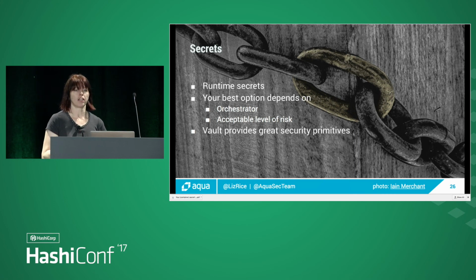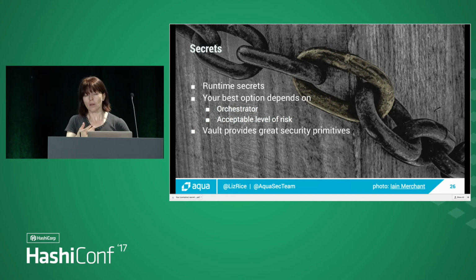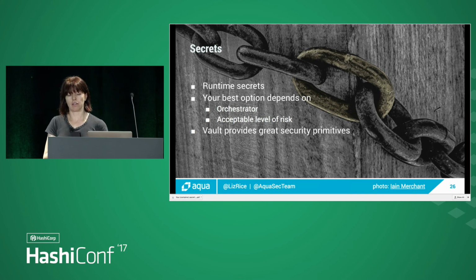And I wouldn't say choose your orchestrator on the basis of its secrets management. You want to choose your orchestrator on the basis of its orchestration capabilities. But in many ways, your secrets management may vary according to which orchestrator you're using.